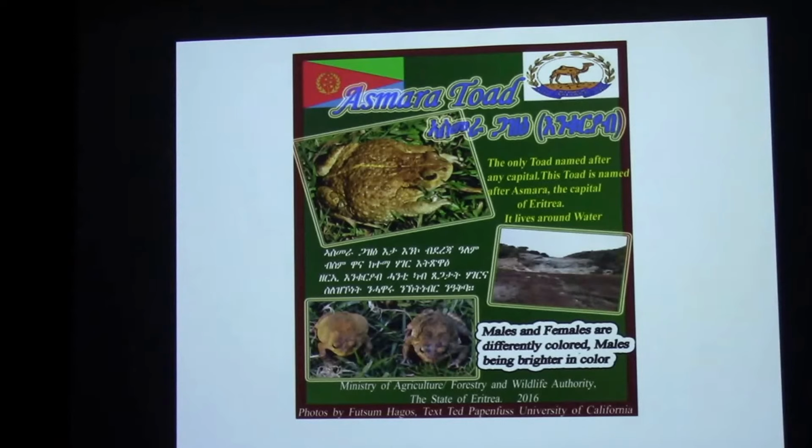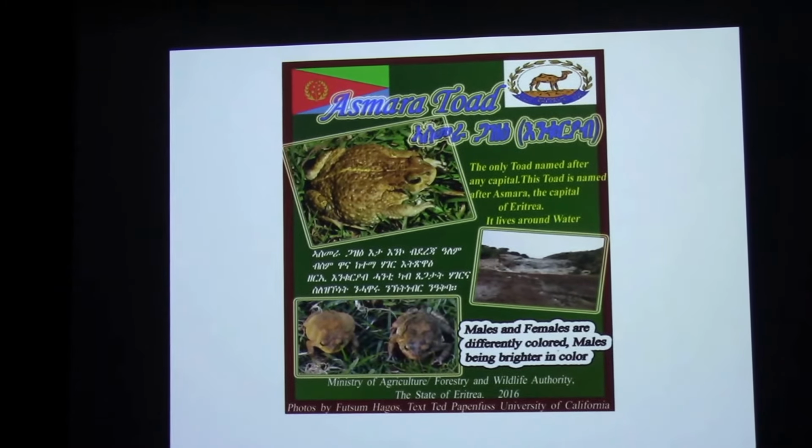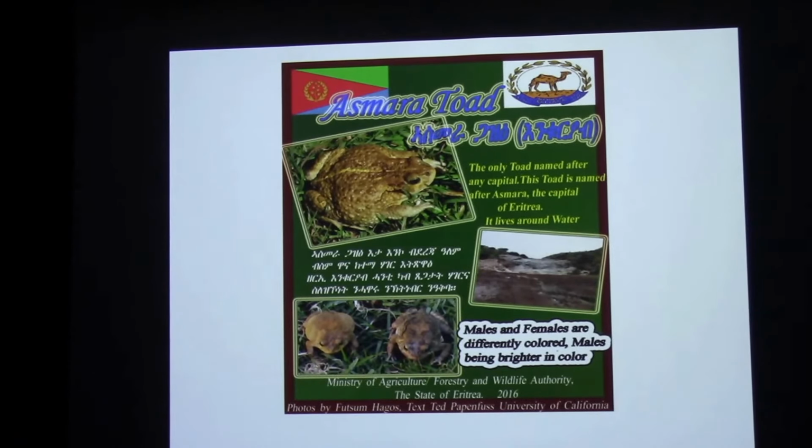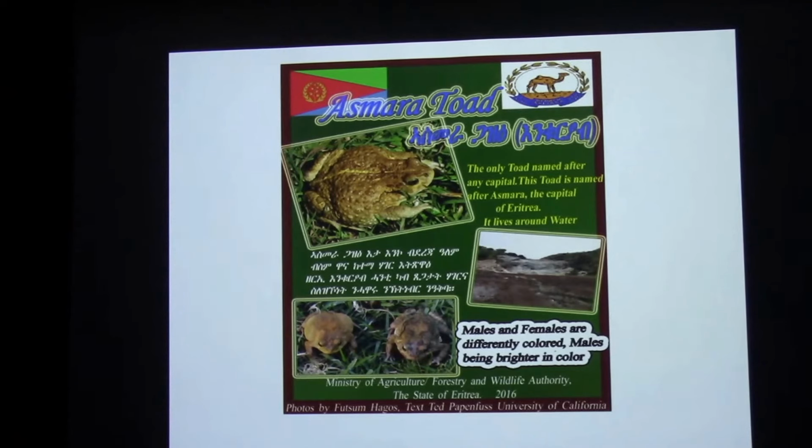So this is the famous Asmara toad we put together. This is what really helped my work in Eritrea, because this poster now is all over the country. It hangs in the president's office. It hangs in every branch of the Ministry of Agriculture. Copies are being printed, some with the help of the American Embassy.